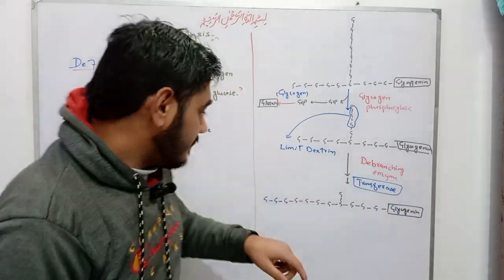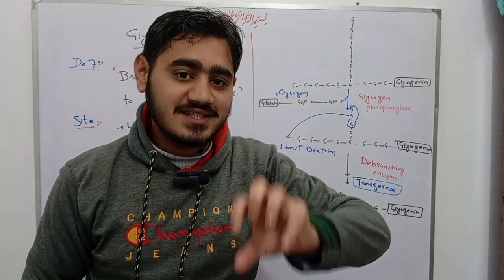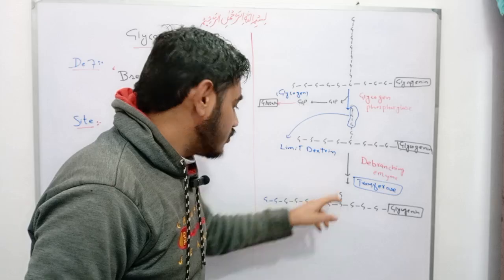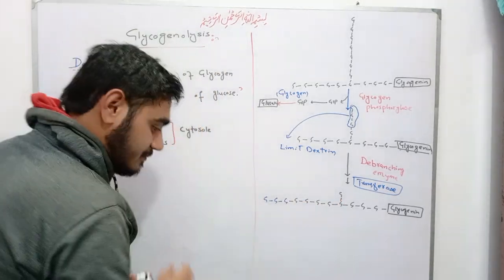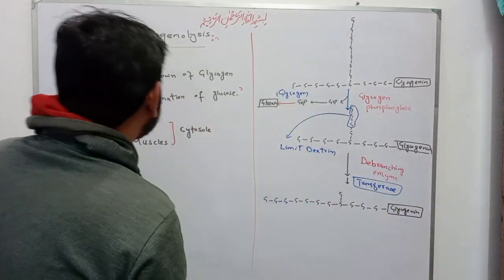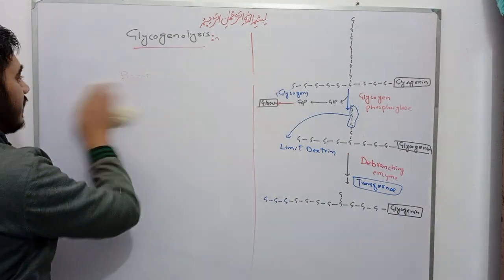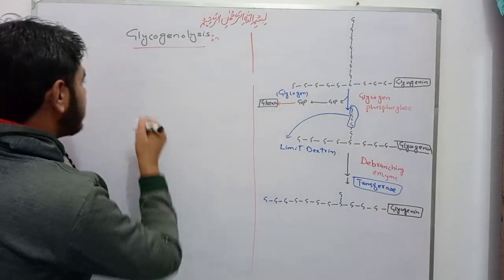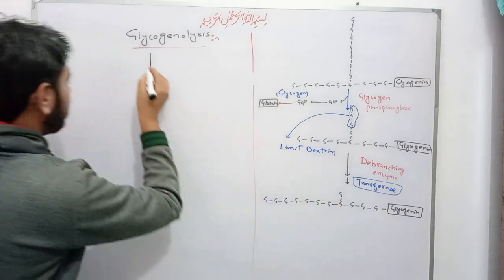In the next reaction, with the help of alpha 1,6 glucosidase activity of this enzyme, this glucose molecule gets released. I am writing here: with the help of alpha 1,6 glucosidase activity, this glucose molecule gets released.